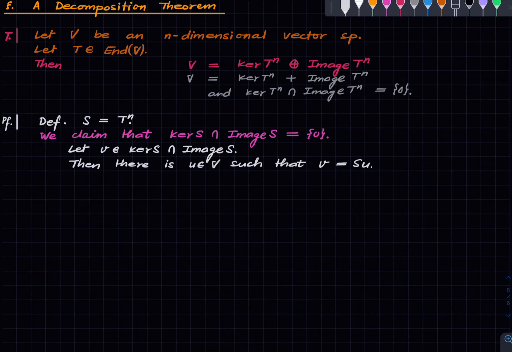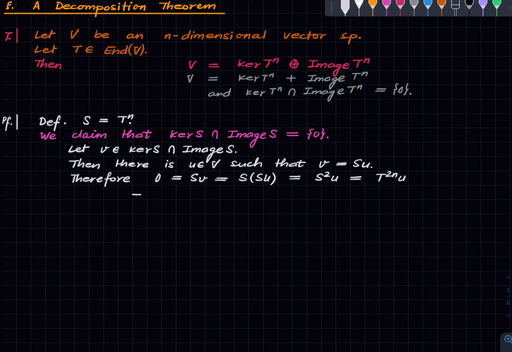Simply because V is in the image of S. Now use the fact that V is in the kernel of S. Therefore, 0 is equal to SV, because V is in the kernel of S. But that is equal to this, which is equal to that. Sorry, this is a u.